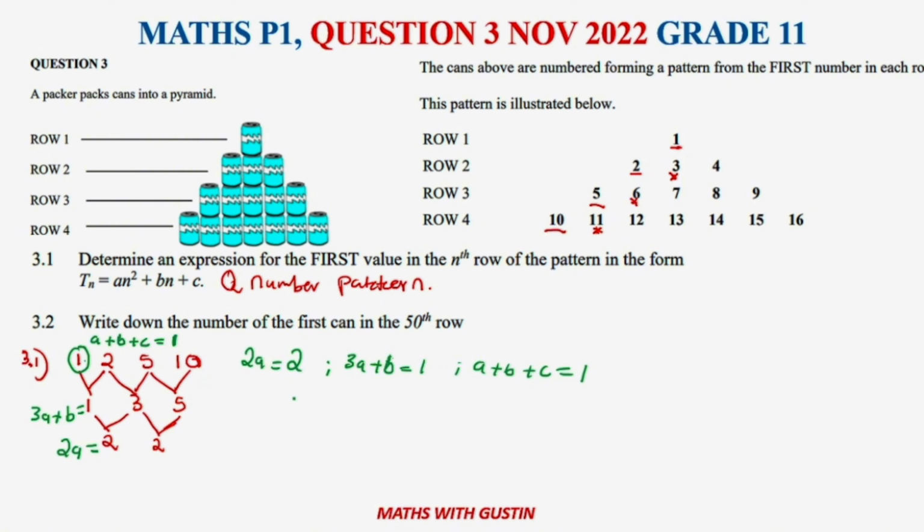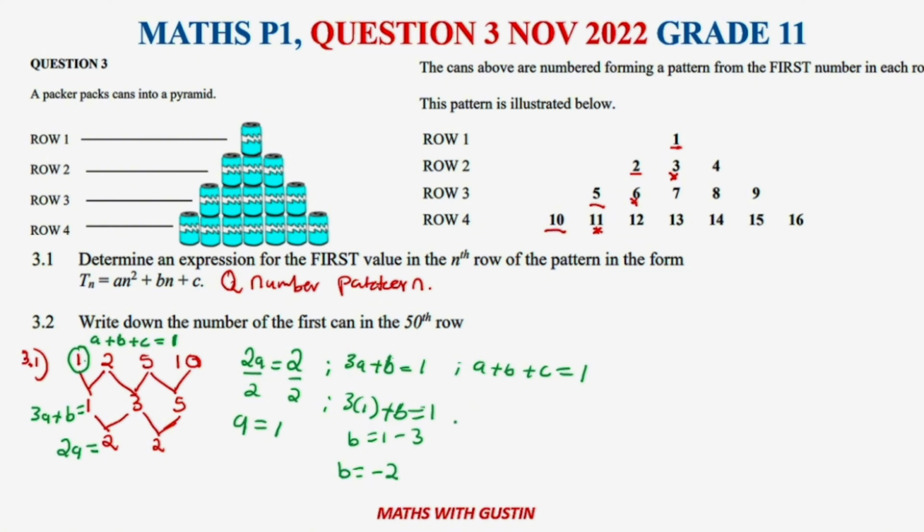We just have to find a, so divide by 2 on both sides: a is equal to 1. Then substitute the value of a into 3a + b: 3 + b = 1, therefore b is 1 minus 3, taking 3 to the other side. b is equal to negative 2.